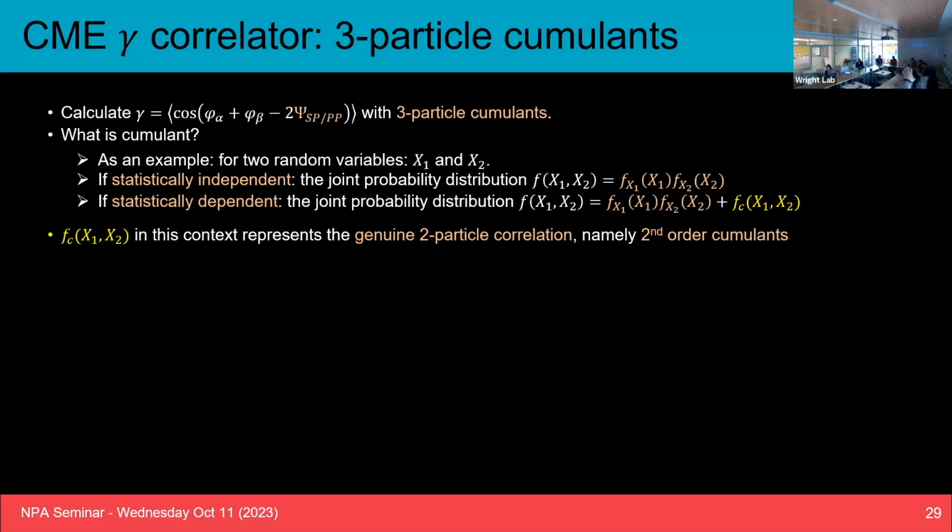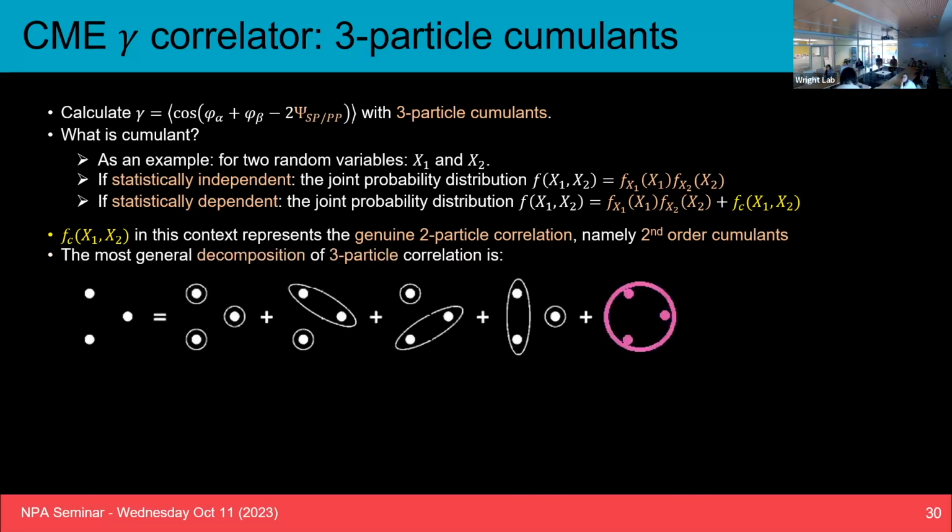In the context of particle physics, we usually call this a genuine two-particle correlation. It's also called the second order cumulant. And in this case, we are talking about a three-particle correlation, and there's also a genuine correlation between them. So if you have x1, x2 and x3, you can also expand it like this, in a very pictorial way. And basically, what we care about is this last one.